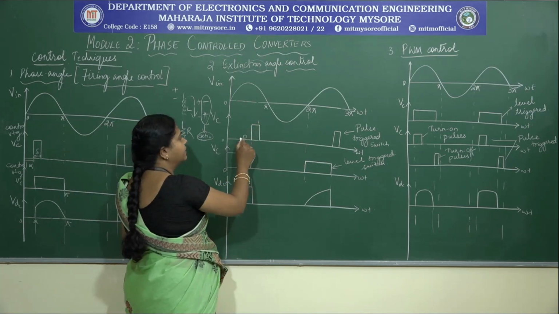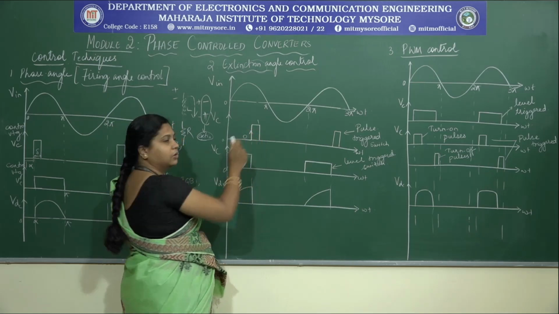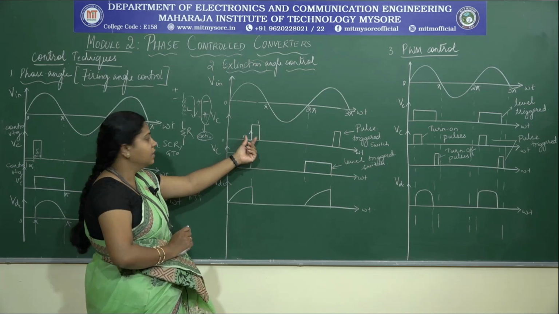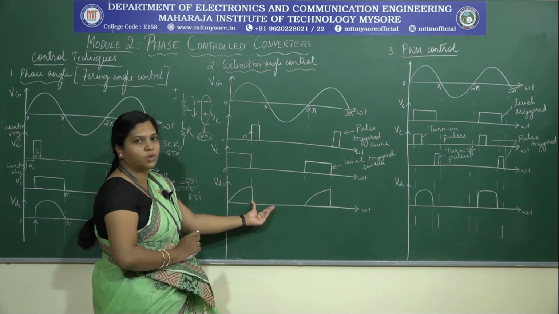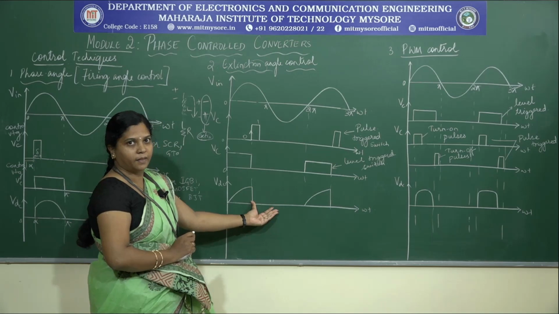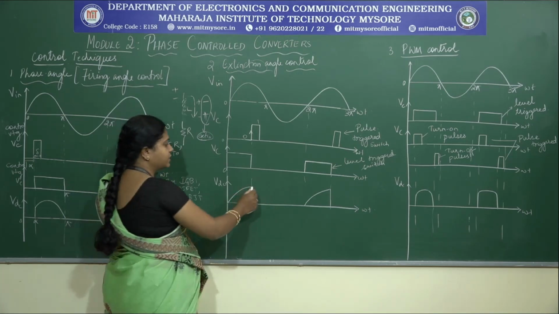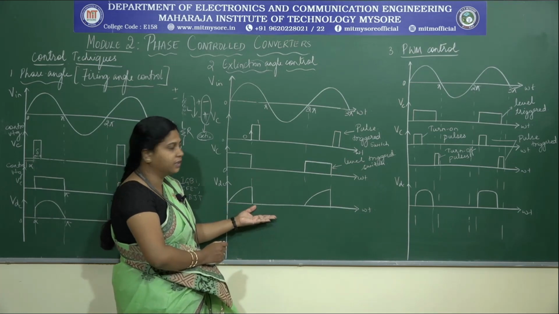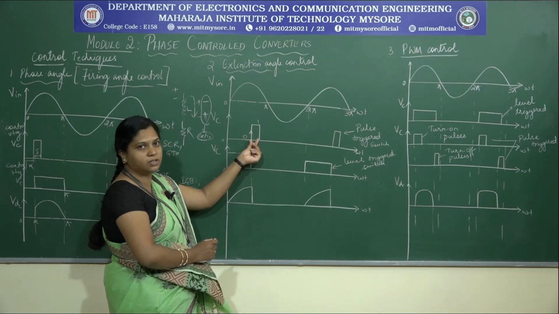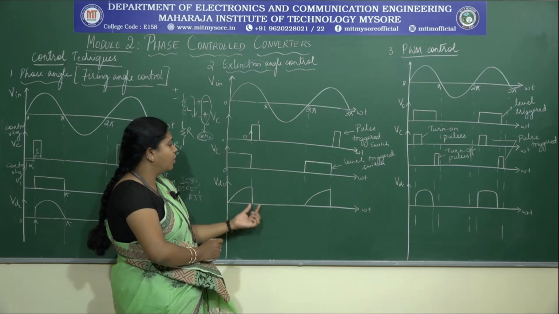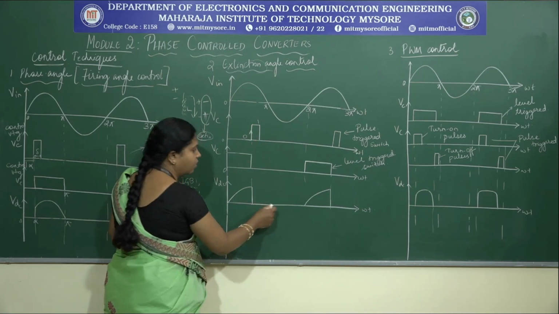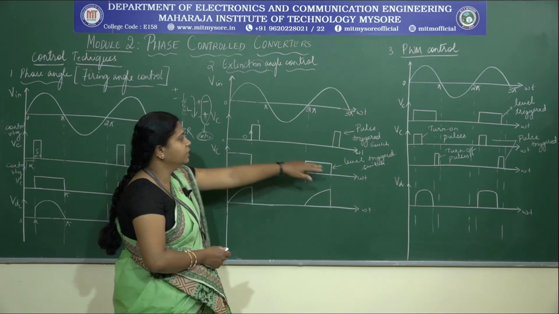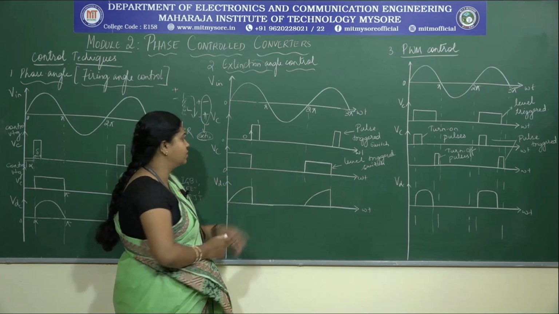When you have the rising edge from 0 to 1, whenever the input signal encounters a pulse, it will stop conducting. Here, the output voltage will be available from 0 to this extinction angle, but once it comes across the rising edge of the pulse, you will automatically get a 0 output in the case of a pulse triggered switch. Now, if you are using a level triggered switch, it is the opposite.